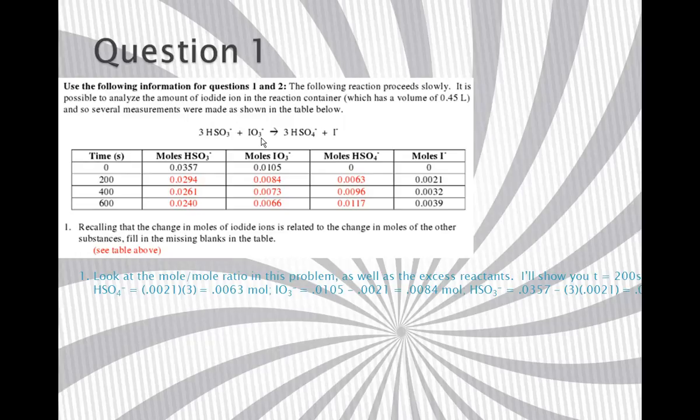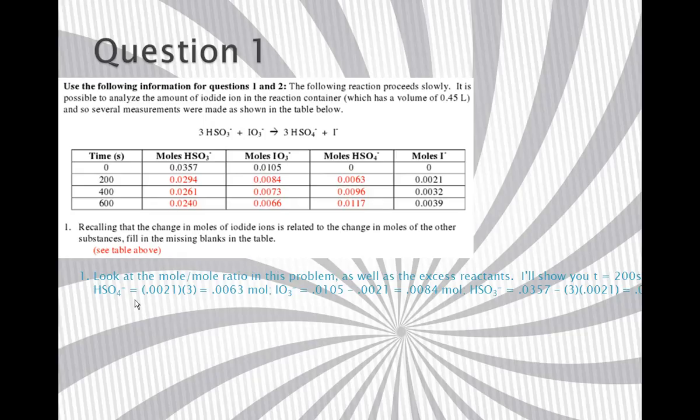So for this specific problem, you have to fill out the whole table. I'll only show you one time, for t equals 20 seconds. You look at the mole-to-mole ratio in the balanced equation that they give you, and then you also look at how much you start off with of moles of HSO3 minus and IO3 minus at time t equals 0.